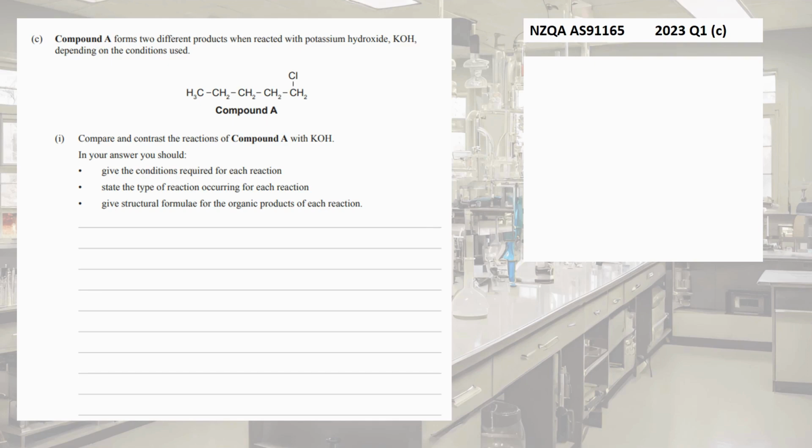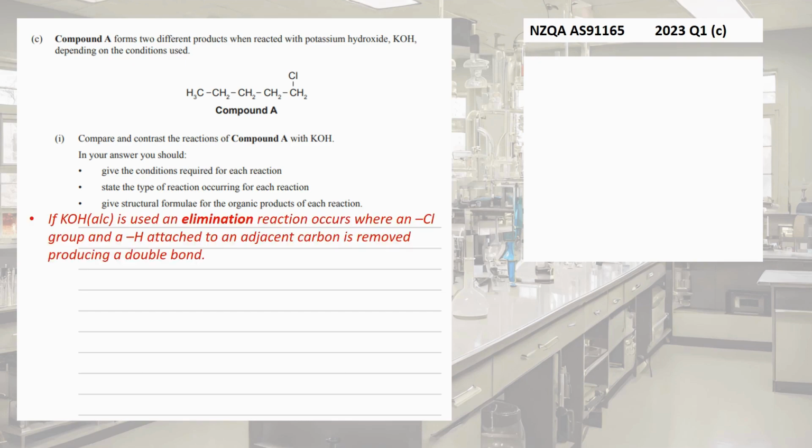We have to compare and contrast these 2 types of reactions, talk about the conditions, that's just what I said, alcohol or aqueous. State the type of reaction. Remember, if it's an alcohol, it's going to produce an elimination reaction. If it's aqueous, it's going to produce the alcohol. And give the formula of the products.